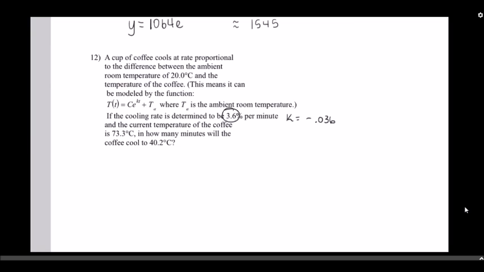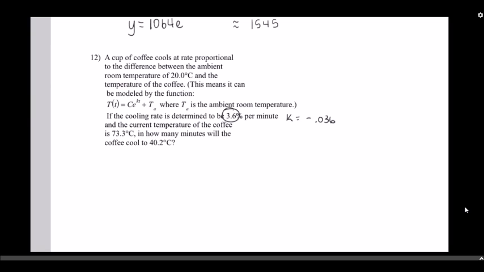Okay. And then the current temperature of the coffee is 73.3 degrees Celsius. Now that doesn't necessarily transfer over to the value of C. The value of C in this case is a value when time equals 0. So here's what I mean.